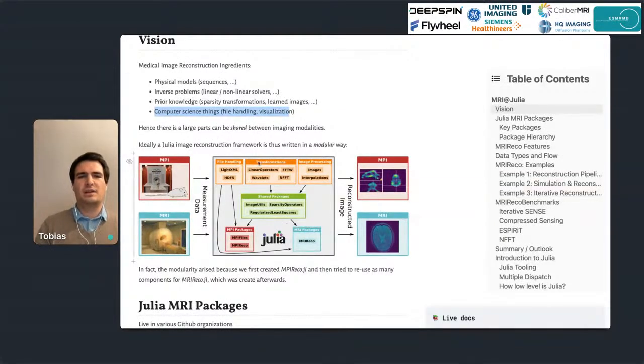Then in the middle we have our package ecosystem in Julia, where in orange and in green we have shared packages, which are not MRI or MPI specific. And on the bottom, you can see the MRI and MPI specific parts. I try to develop this in a modular way. And then, of course, what comes out is some image reconstruction.